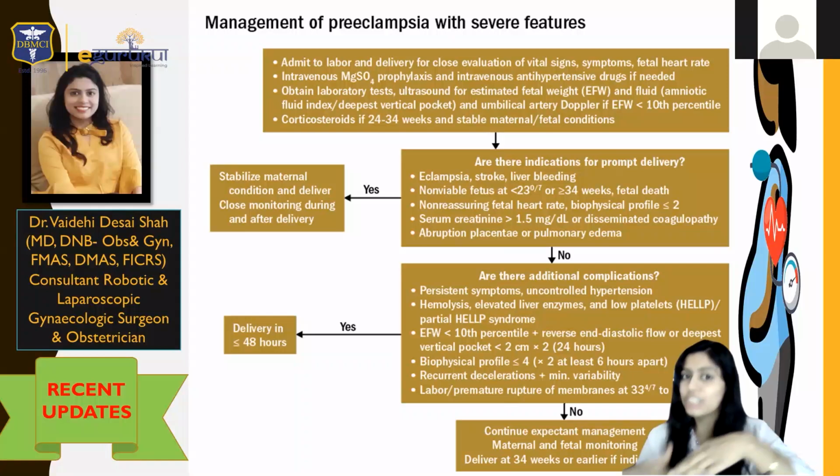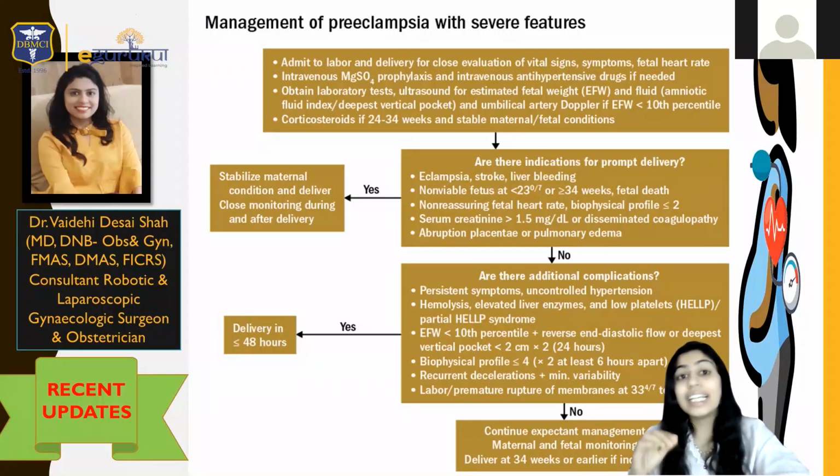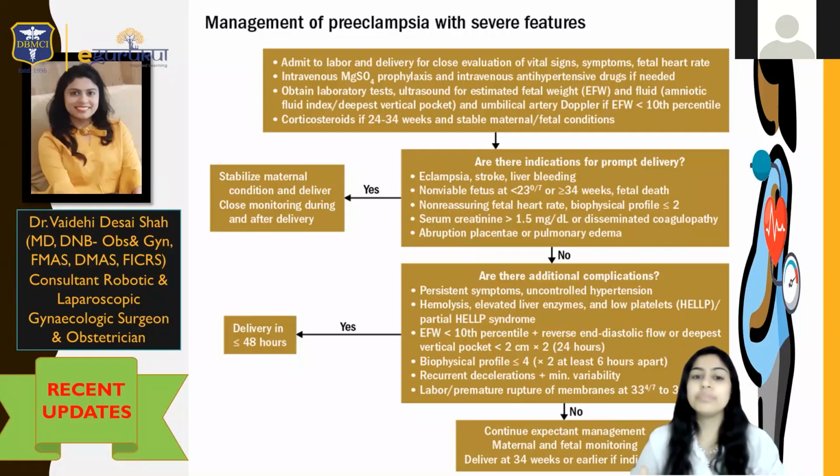Whatever the pathophysiology was, we just reverse it back. So ultimately, delivery is the ultimate solution for it. All right. So more than or equal to 34 weeks must definitely undergo prompt delivery. No need to wait further. If there is fetal death, that means it is already a severe grade of preeclampsia, and that is why this patient must be immediately delivered.